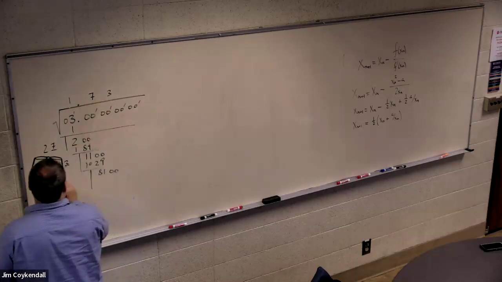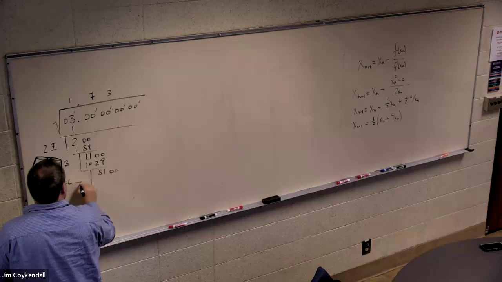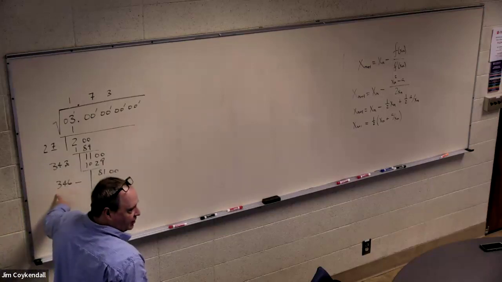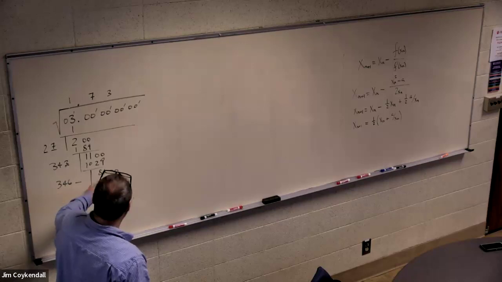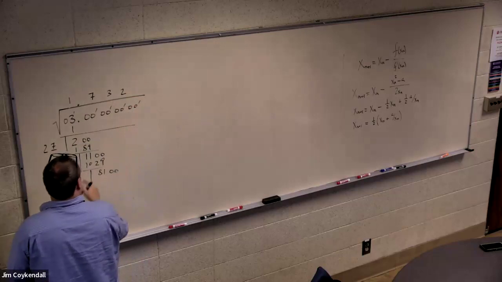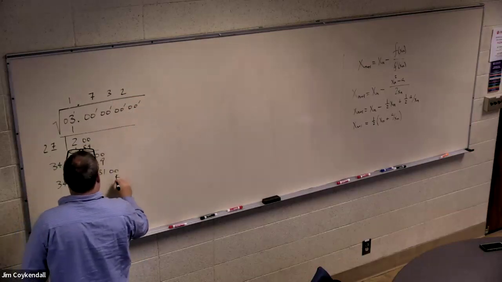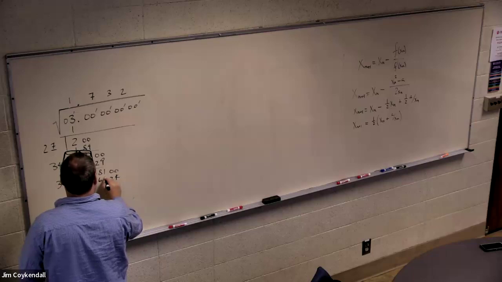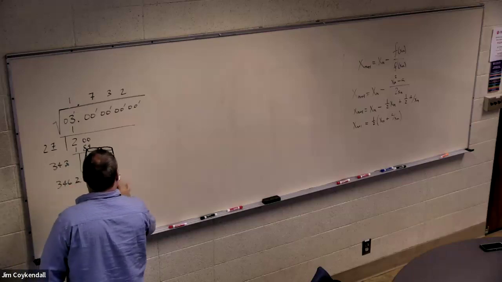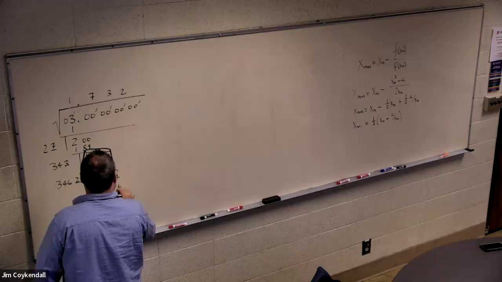Double this, 346. How many times is that going to go into 7100? About 2. Whatever that is, you put here. 2 times 3462 is 6924, subtract, 176.